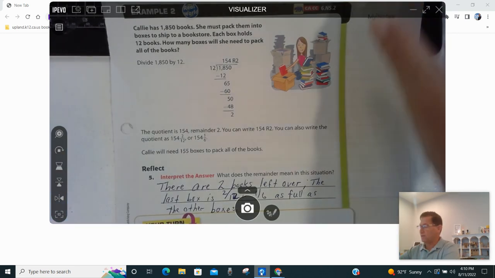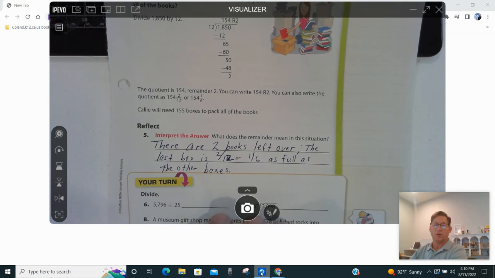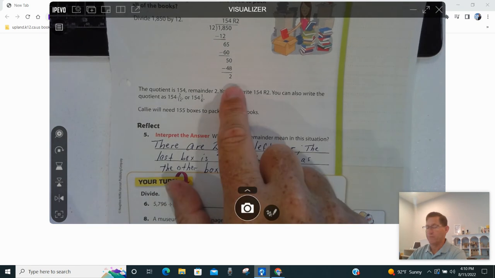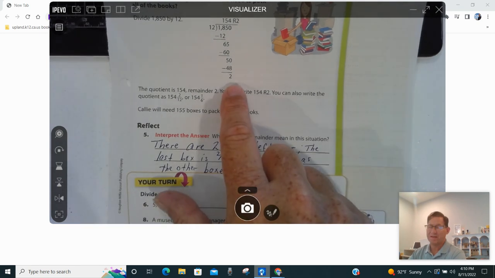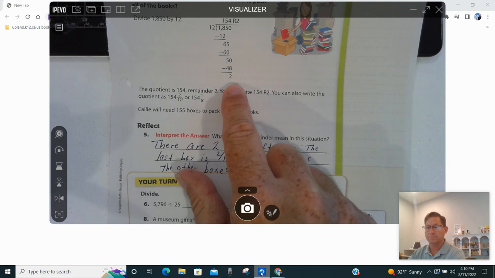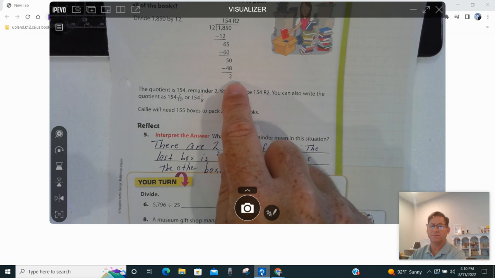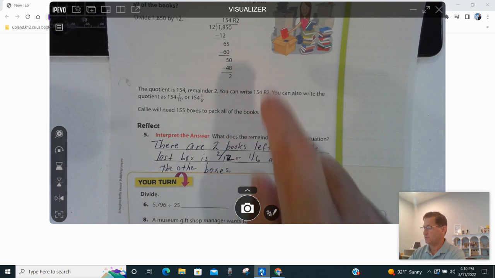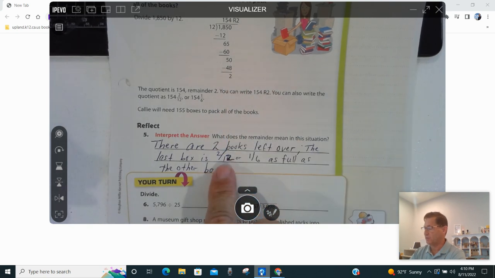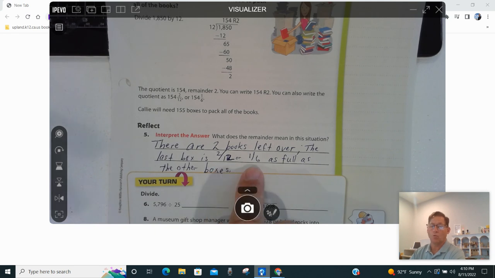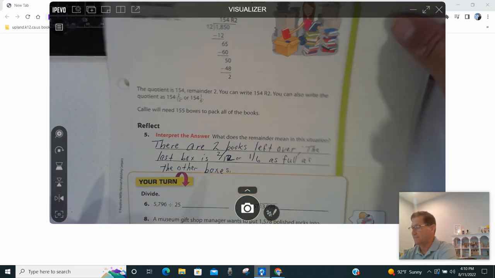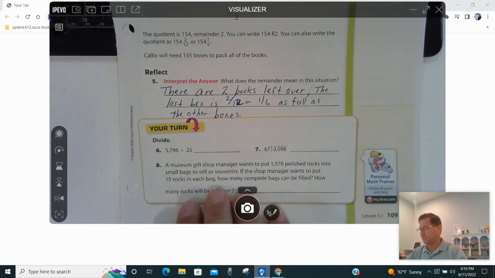Okay, so each box was supposed to hold 12 books. Well, we had a remainder of 2. Well, that means we have to get another box, right? If every book has to be in a box, we still have to have one extra box for these 2. And so we would say, since there's 2 books left over in the last box, there's 2 out of the 12 that should be there, or 1/6. It's 1/6 that's full, as the other boxes.